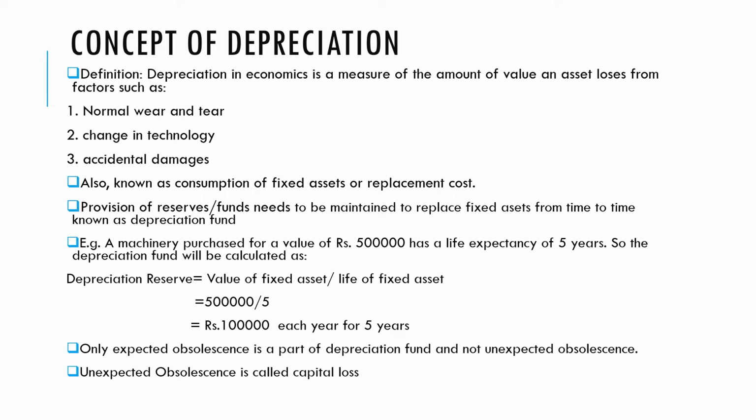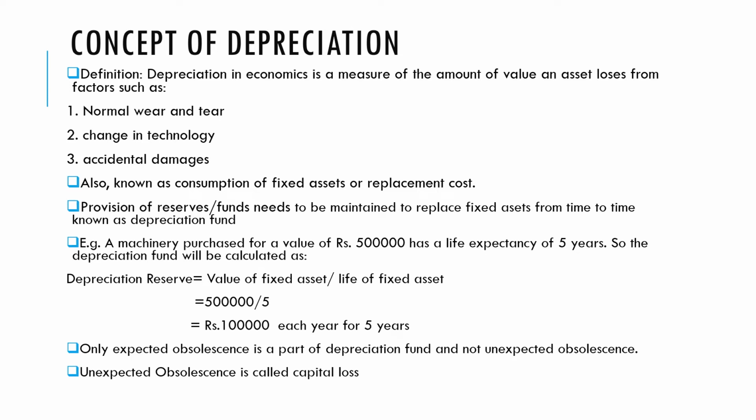Fixed assets are generally used over a period of time, for example a machinery which can be used for a life of 10 years will depreciate over a period of 10 years, every year. So at the end of 10 years, a company needs to replace that machinery. Hence, depreciation is also known as consumption of fixed assets or a replacement cost.